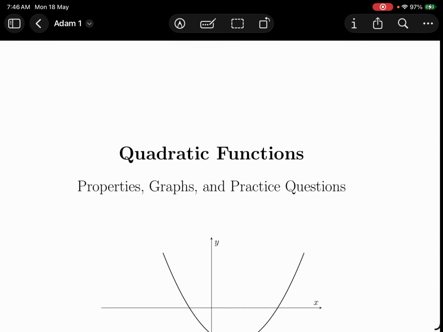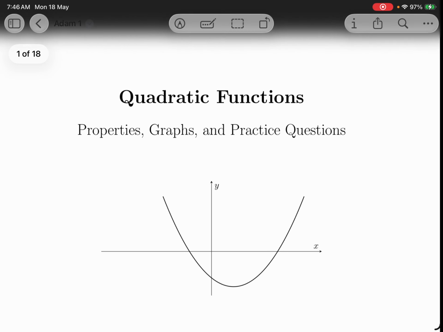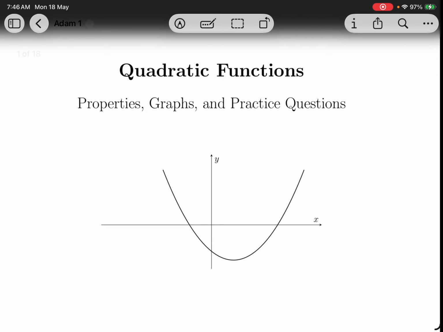Hi, hello there students. In this video we'll be learning about some super important properties of what we call quadratic functions. You can look at this very nice, beautiful parabola.